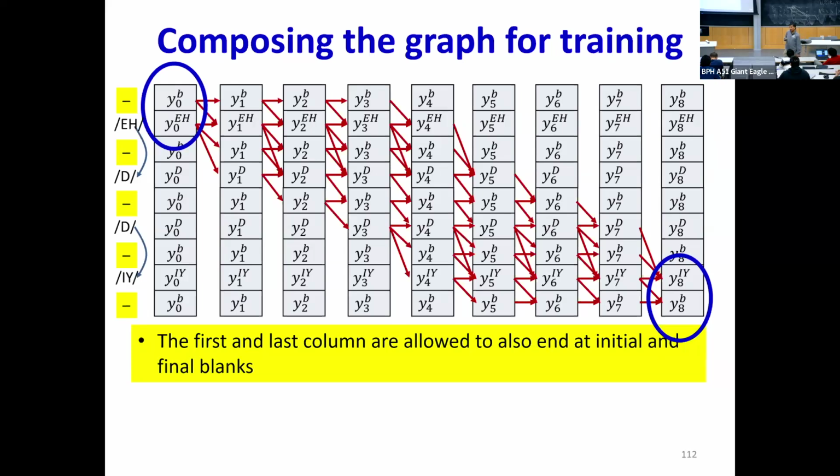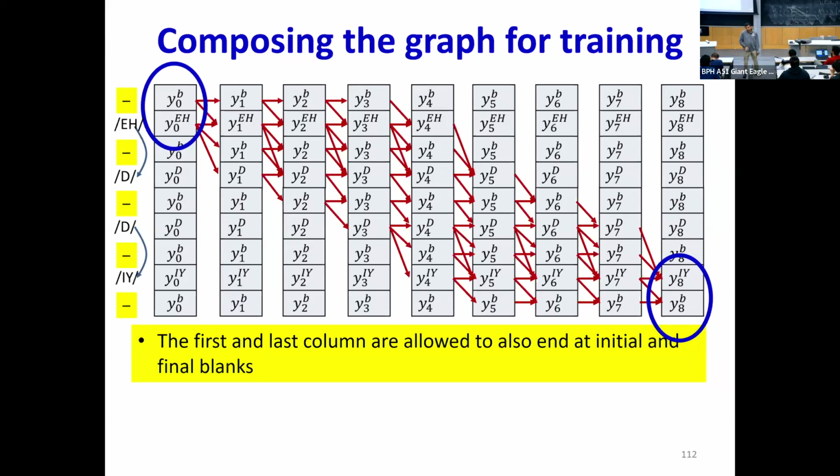And there's no path which is an alignment of eddy to the input that's not in this graph. So this is complete. And now once I compose this graph, again, the node probabilities are just drawn from the probability table that the network outputs. Is this picture making sense to all of you?